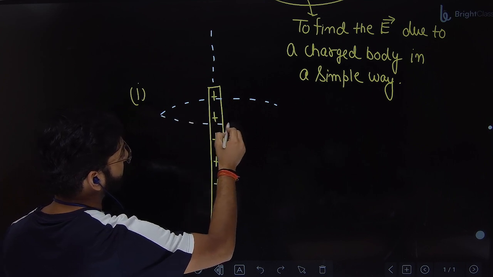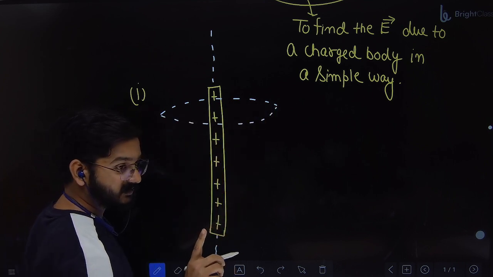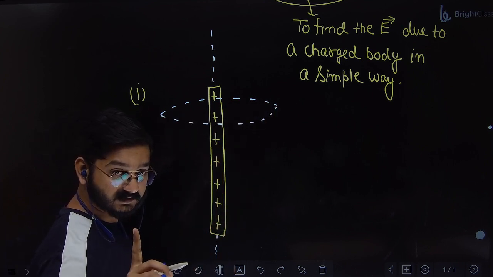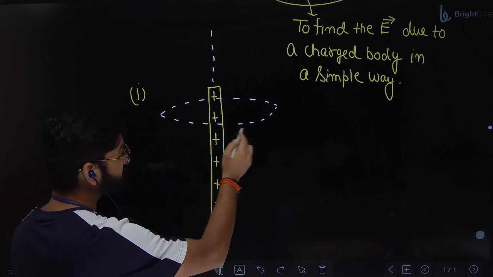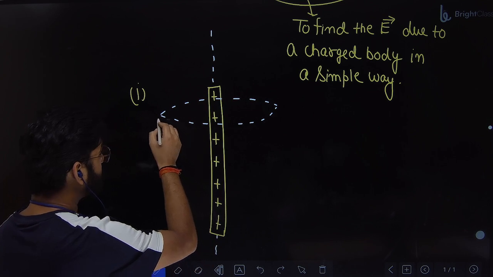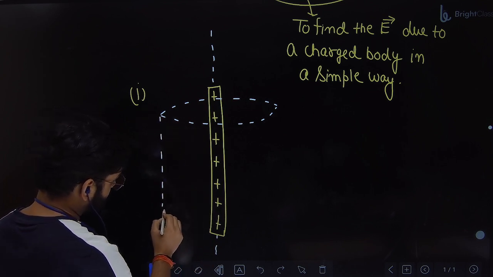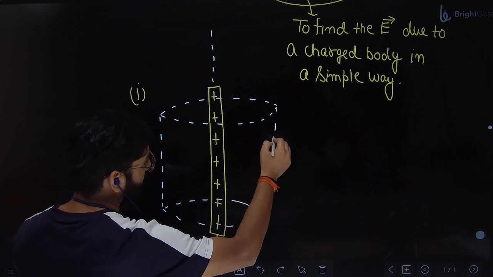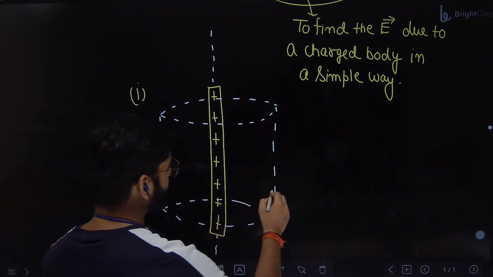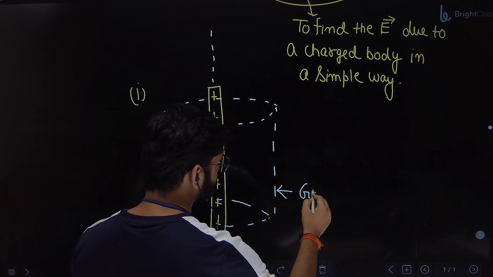A cylinder. A Gaussian surface is always drawn with dotted lines. You can't draw it with a solid curve. So this is basically a Gaussian surface.